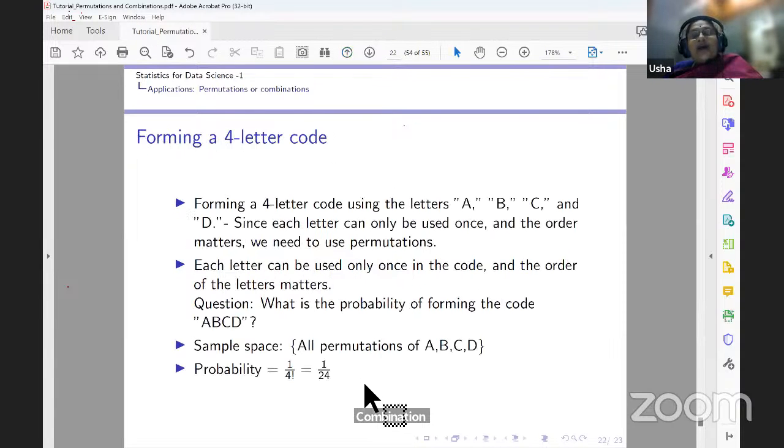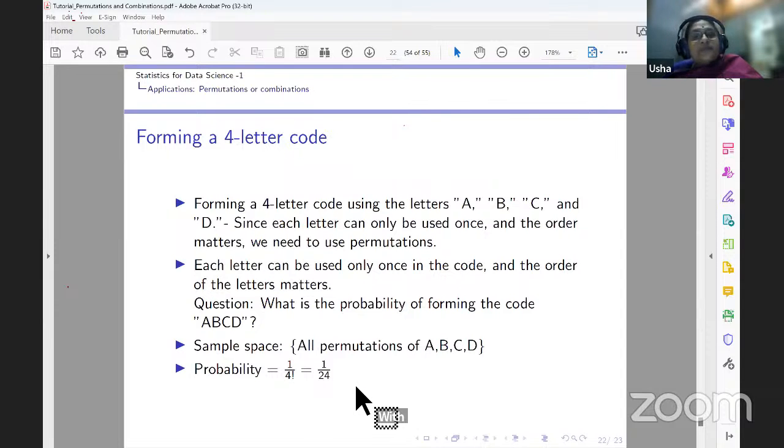When I am talking about probability, I define a random experiment and a sample space. If I'm looking at all permutations of A, B, C, D, I don't have to enumerate all of it. If I know the total number of outcomes in my sample space, I can find the probability.